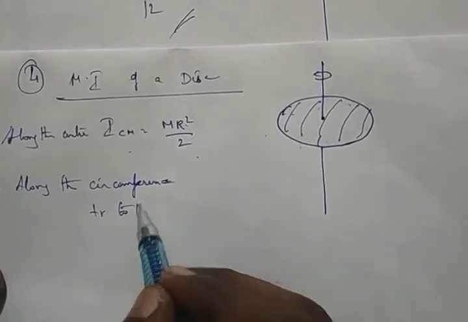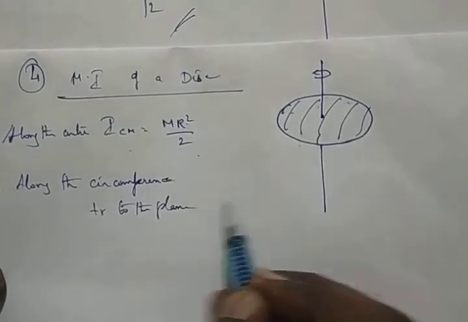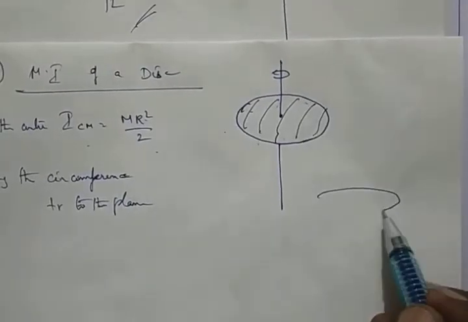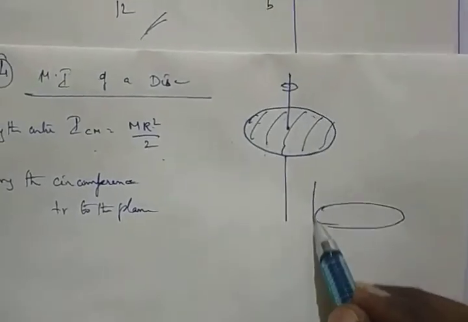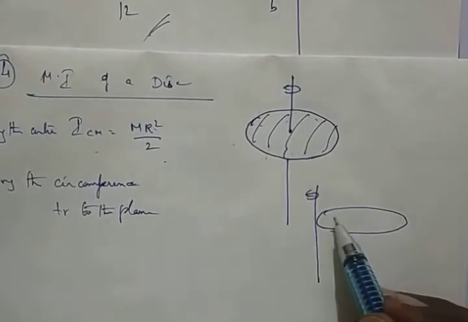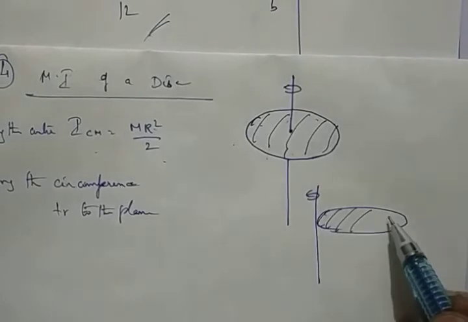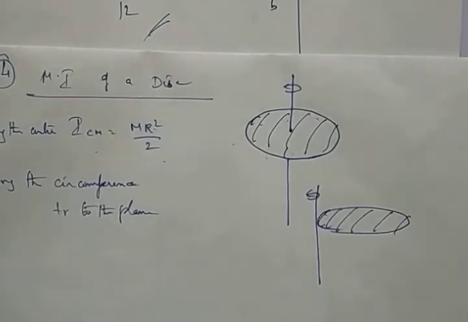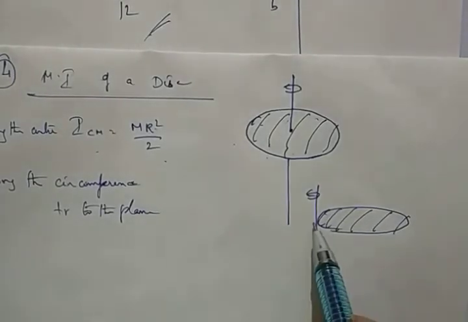Perpendicular to the plane. What does that mean? So take it like this. Now this is perpendicular to the plane.